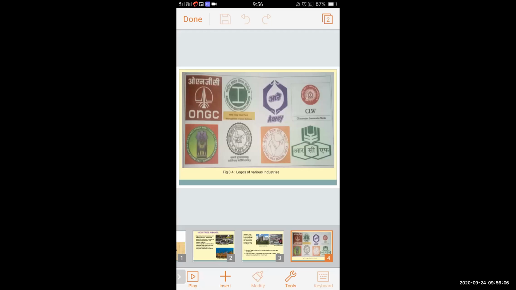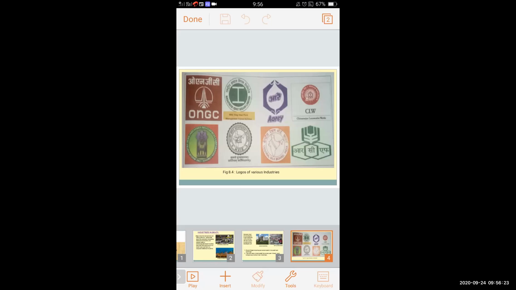It is related to the railway. What should be the raw material here? Iron and coal are the raw materials used.